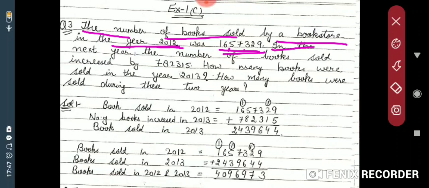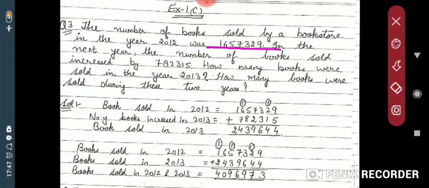In the next year, the number of books sold increased by 7,82,315. And in the next year means in the year 2013, after 2012. So the books were increased by 7,82,315. Increased, not sold. Increased.